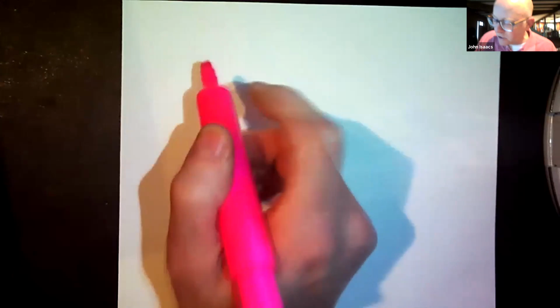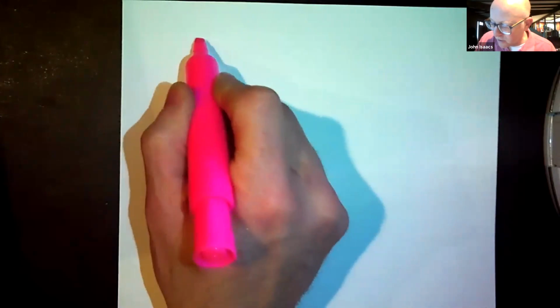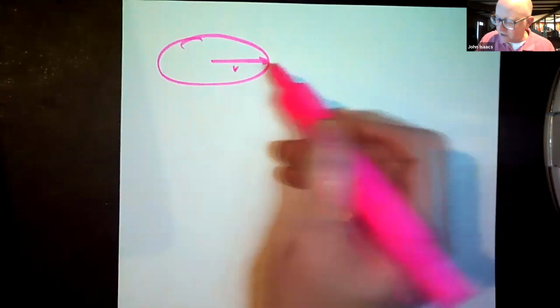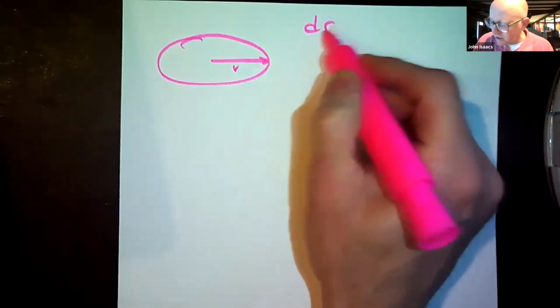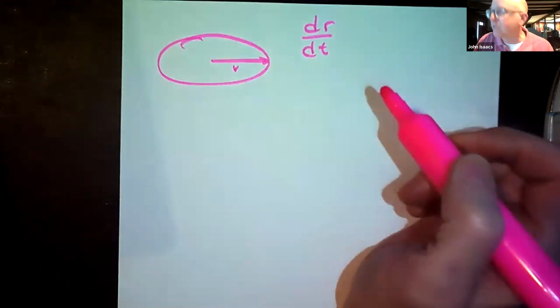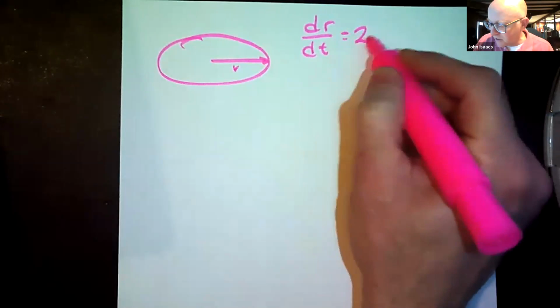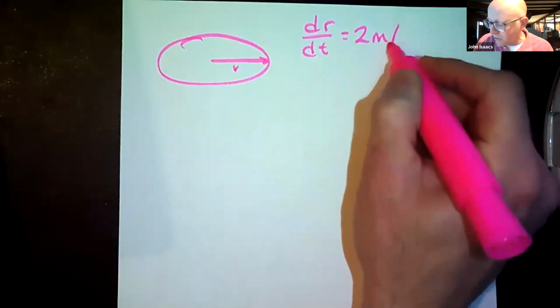Okay, so we have a circle with a radius. I'm drawing it like an oval because it's on the surface of the water. I'm trying to have perspective. The change in radius, dr/dt, is 2 meters per second.